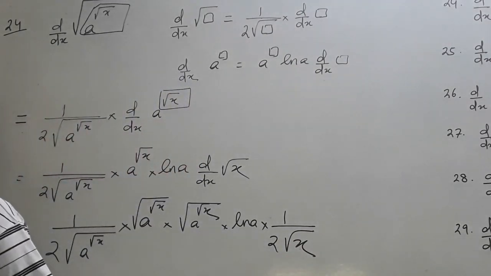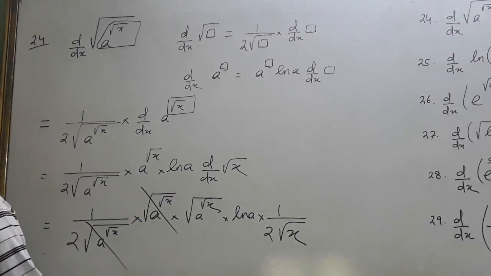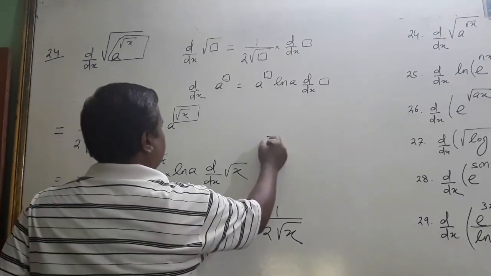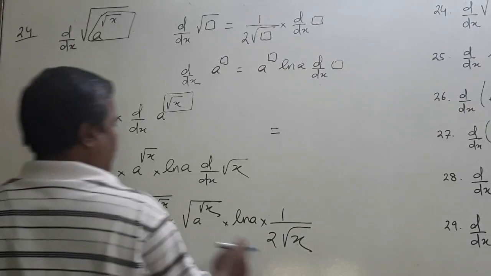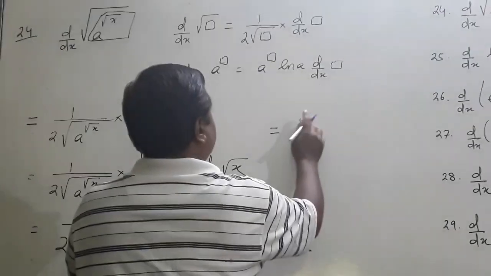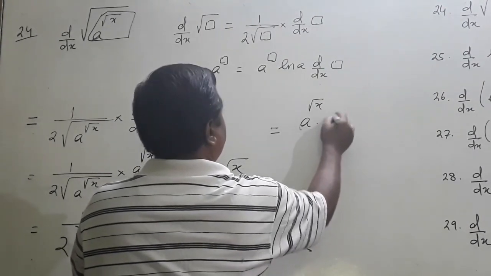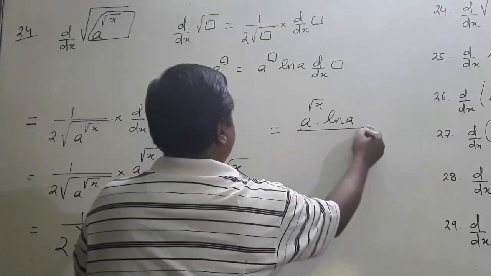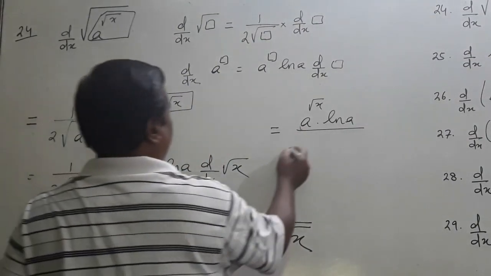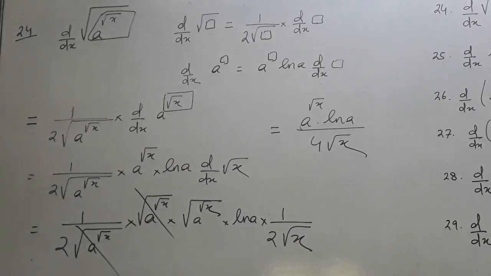So one part is cancelled. Suppose this one cancel. Now the answer is what? It is a to the power root x into ln a divided by 2 into 2, 4 root x. This is the answer of this problem.